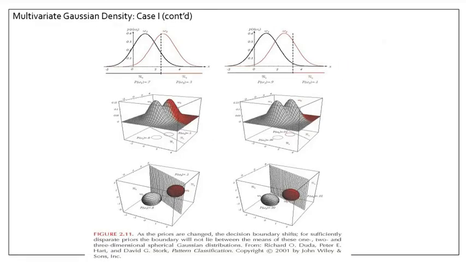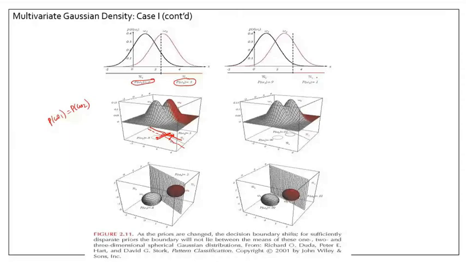If you take different cases, you now change the priors. Say here the prior for omega 1 is 0.7 and the prior for omega 2 is 0.3. So the priors are different, and this line is moving towards omega 2. If the prior of omega 1 is equal to that of omega 2, this decision boundary, instead of moving towards omega 2, will pass through the center between these two classes, and it will be perpendicular.